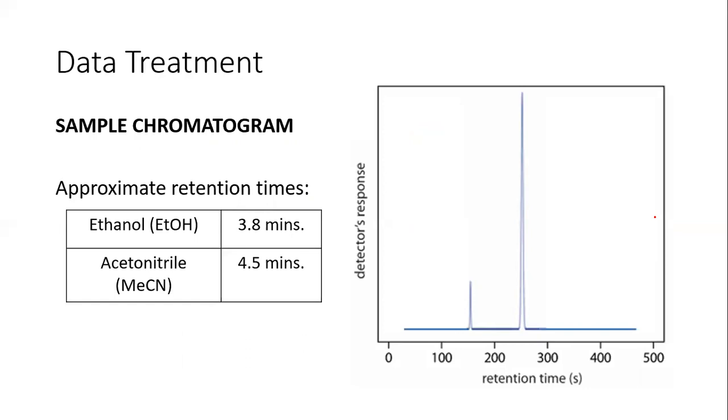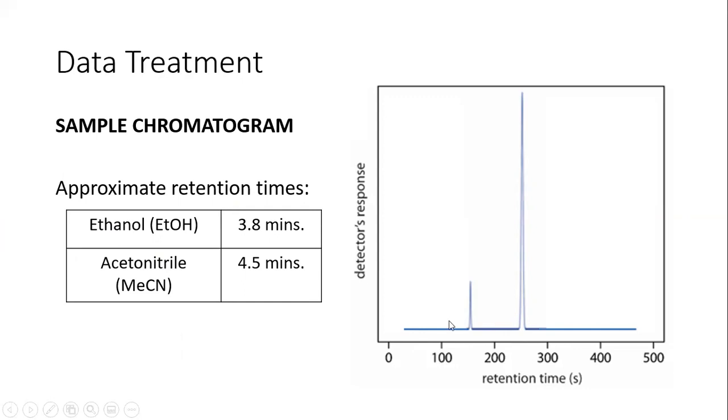Okay, so this is a sample chromatogram. Take note that the retention times in a gas chromatograph experiment are not really absolute. So pwedeng namumove siya, pwedeng mas late siya nag-i-elute, but relatively, una dapat na mag-elute si ethanol than acetonitrile because ethanol is much more volatile compared to acetonitrile.